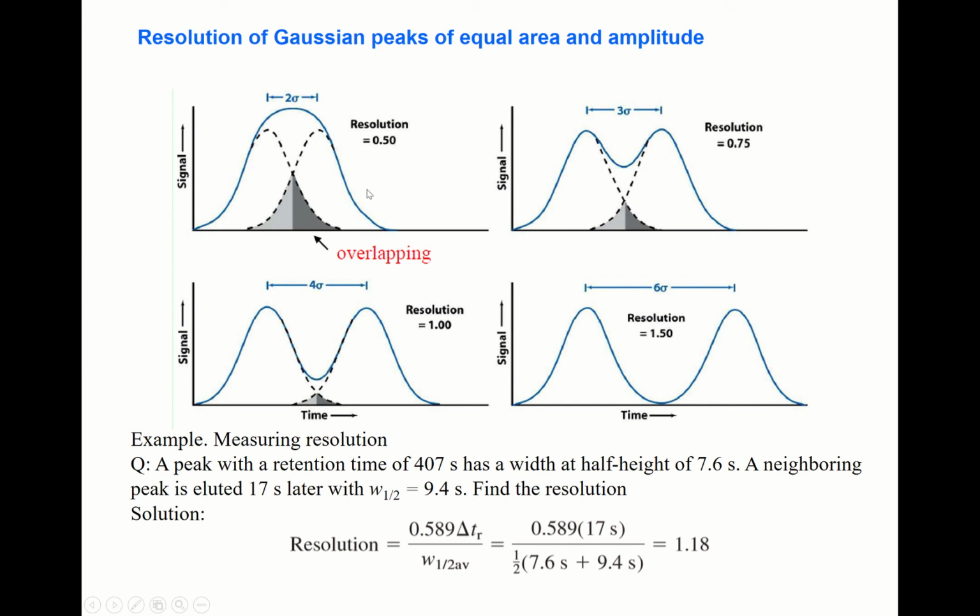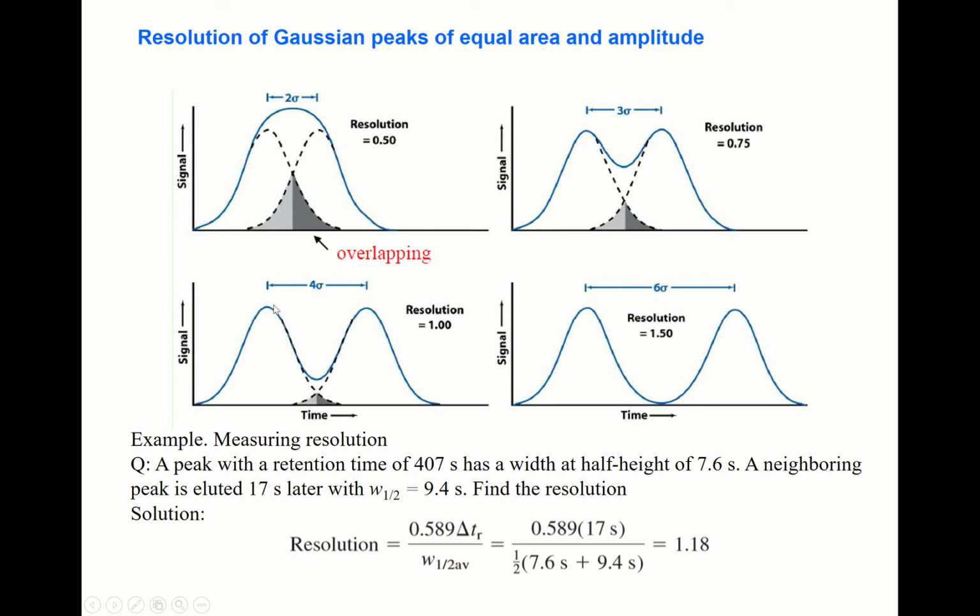In the next one, resolution is 0.75, and you get this kind of total chromatogram. But still, these two chromatograms are heavily overlapped, and this is no good. In this case, the peak separation is 3 sigma.